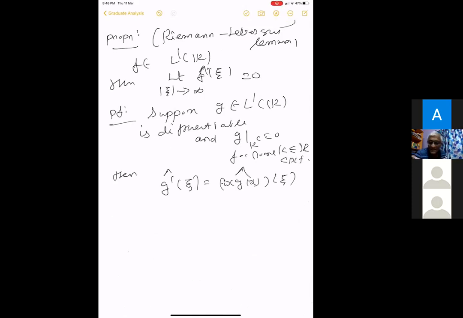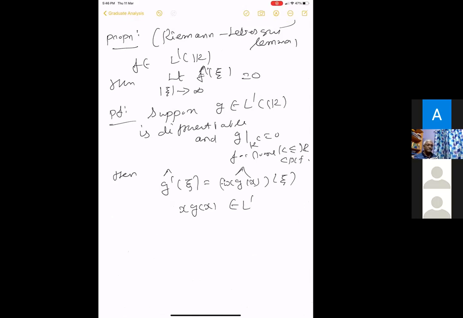Now, since g is compactly supported and it is differentiable, this xg(x) is also in L1, right?